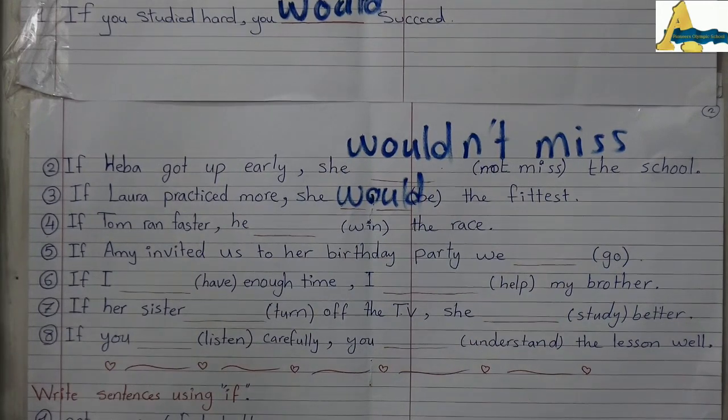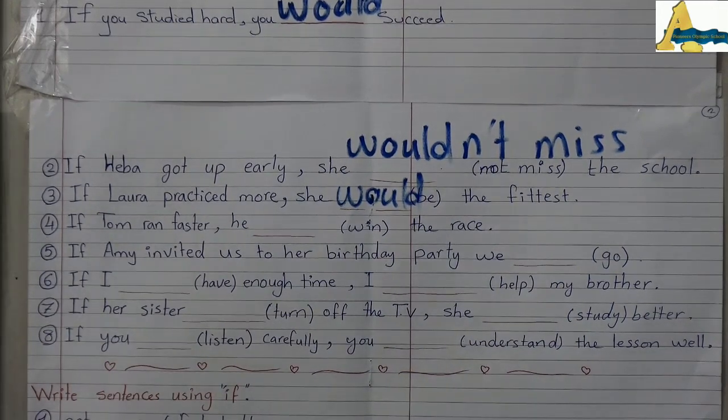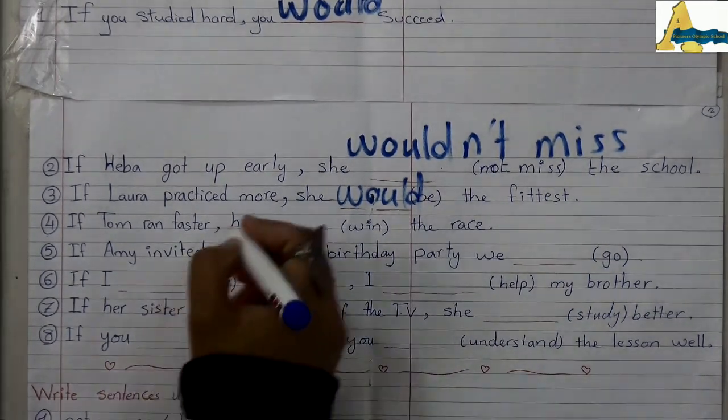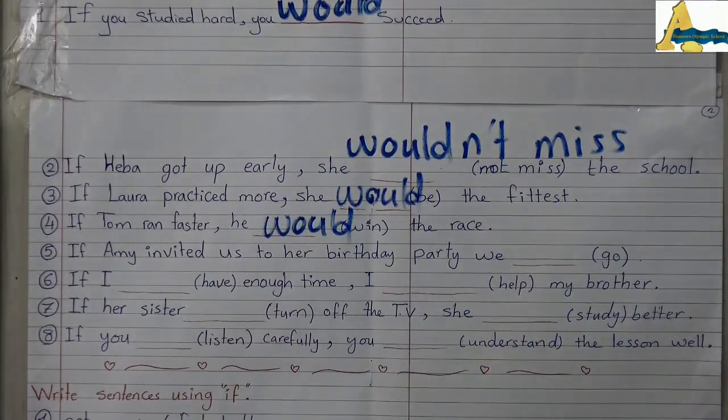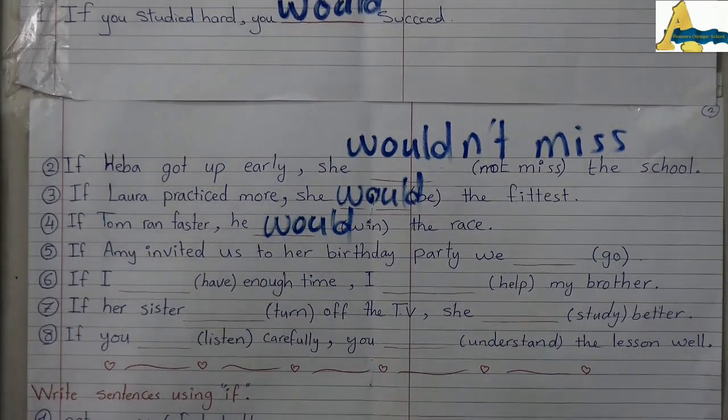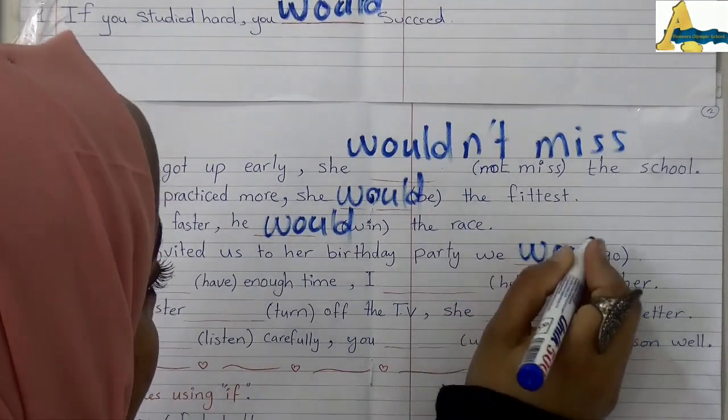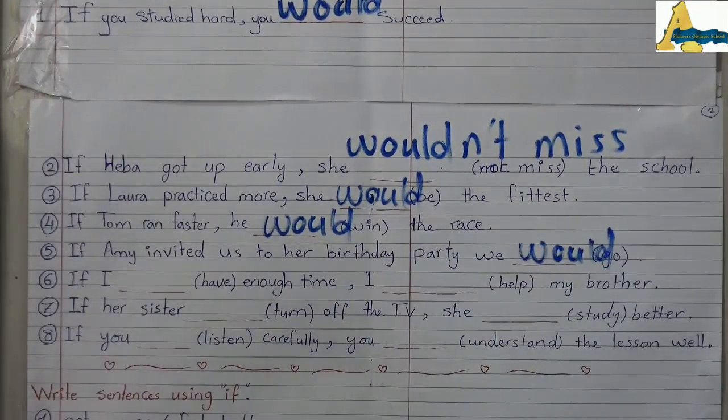Number 4, if Tom ran faster, he would win the race. Number 5, if Emmy invited us to her birthday party, we would go.